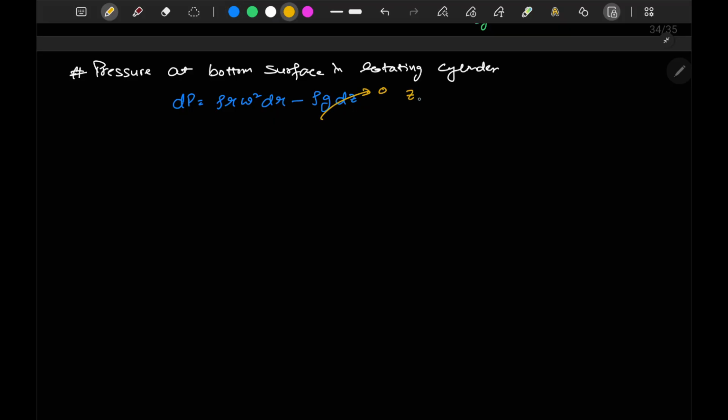Because z at the bottom is the same, or at any level we are talking about.